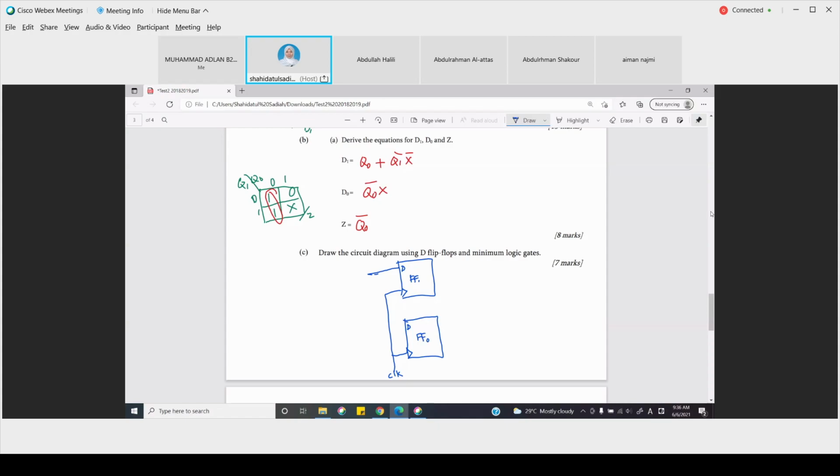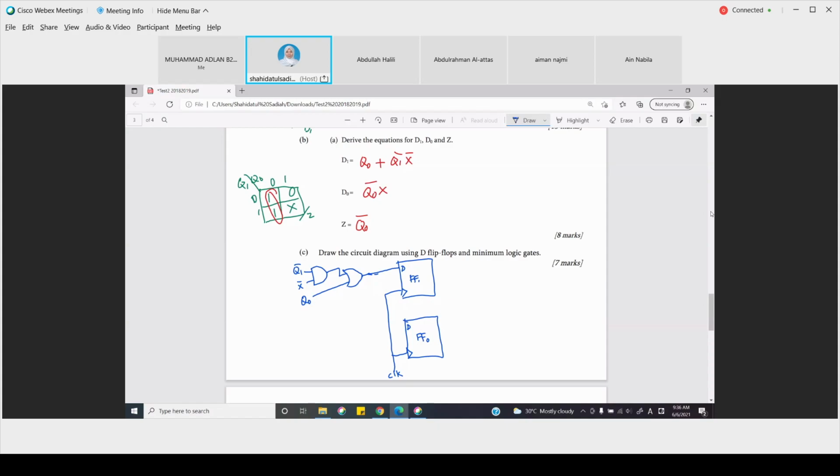D1 here is Q0 or Q1 bar X bar. Q1 bar X bar looks like this, and then this is connected with OR, and this is Q0.